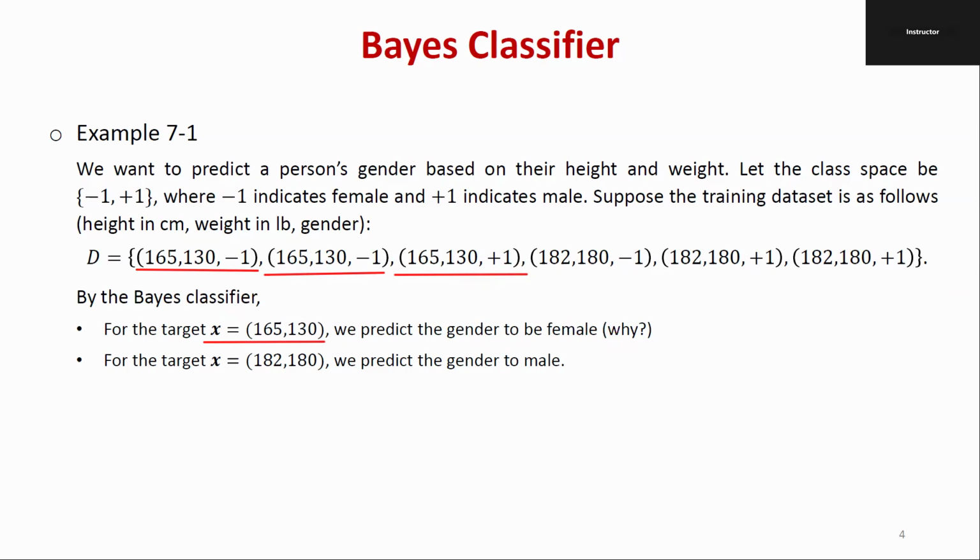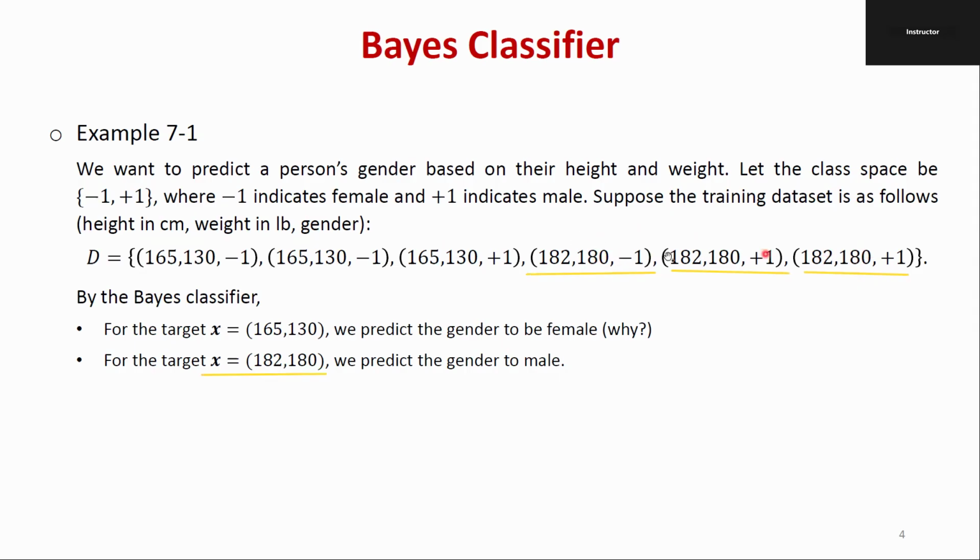Similarly, now suppose the person's height and weight are 182, 180. Question: what would you predict the gender of this person to be? Actually, the answer is male. Let's see the data: 182, 180 appears three times in the training data set.